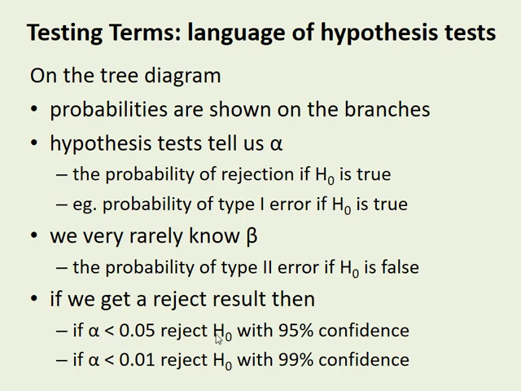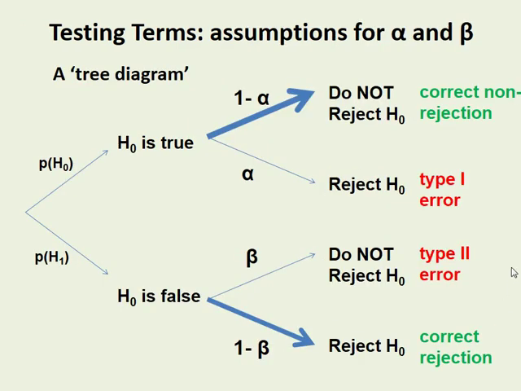So, going back to the tree diagram, I've modified it slightly. What we try and do is we set it up so that if H0 is true, this is much more likely than this. So we say the range of alphas we're going to reject is quite small.